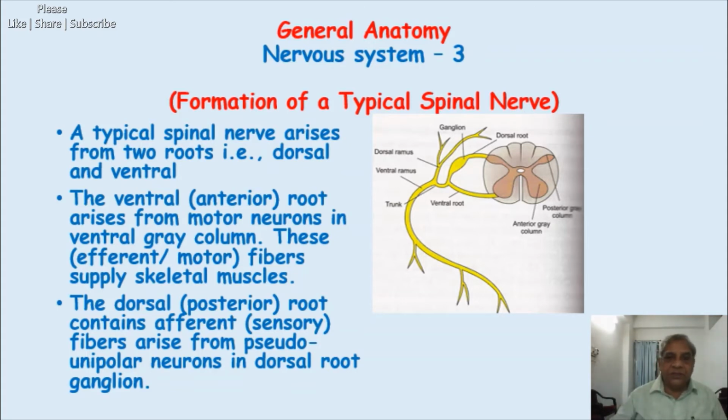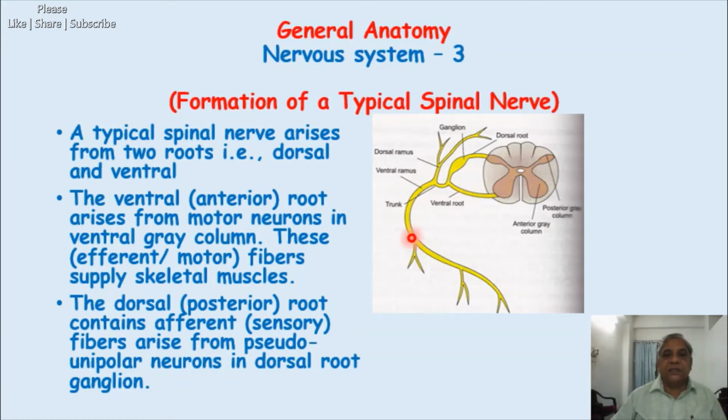Now the dorsal root, which is the posterior root, contains the sensory fibers, and these sensory fibers are going towards the spinal cord, thus it contains the afferent or sensory fibers. These fibers arise in the pseudounipolar neurons which are located in the dorsal root ganglion.